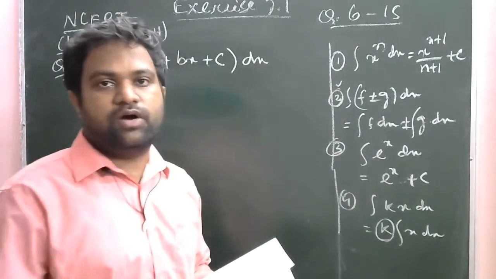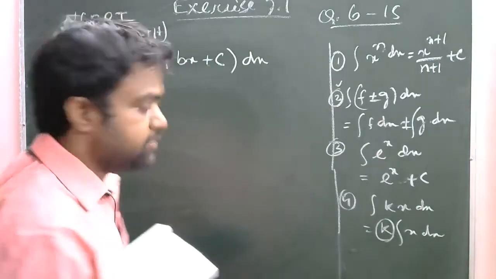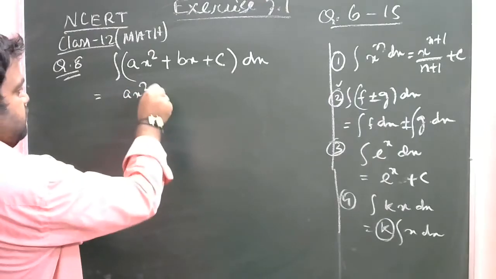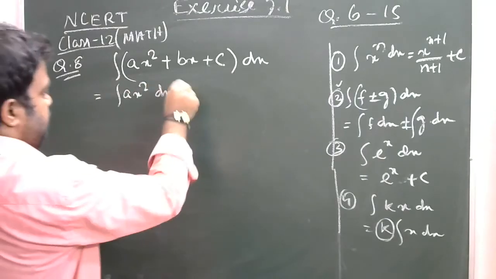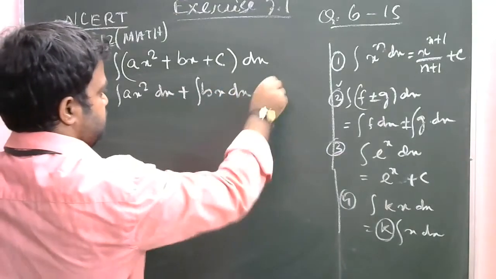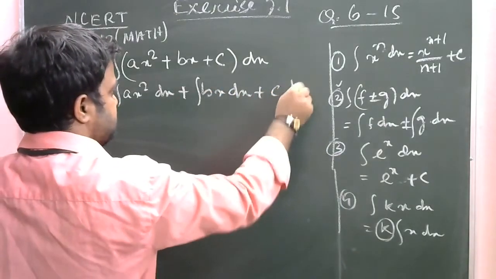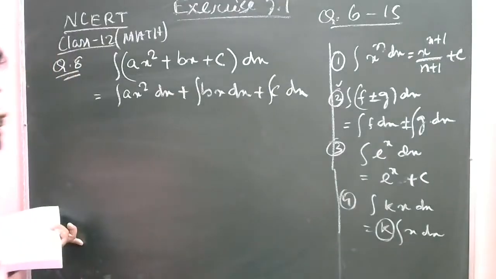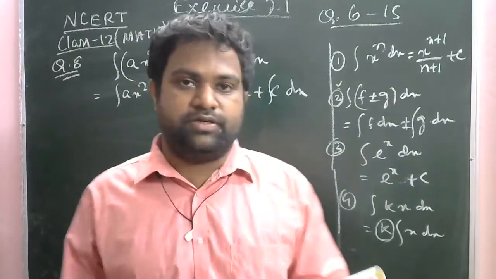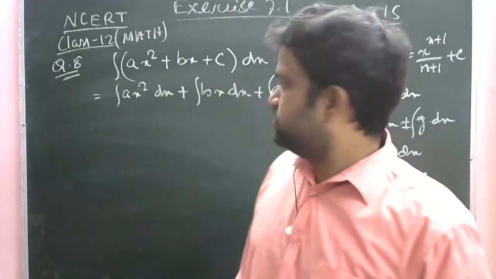So what we will do then? Ax square dx plus bx dx plus c dx. I'm just doing it in an elaborate way, but in the next questions I'll not do this much.